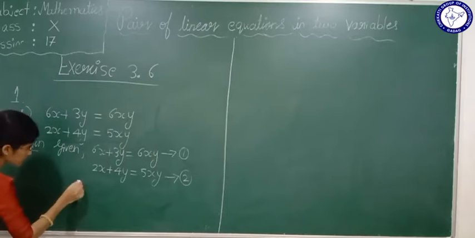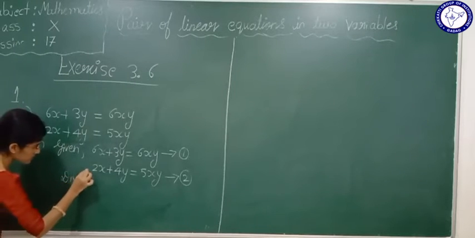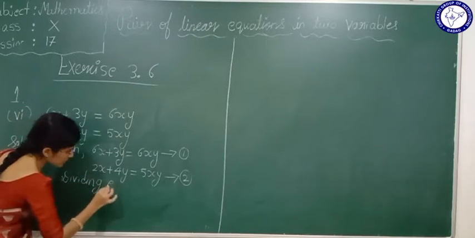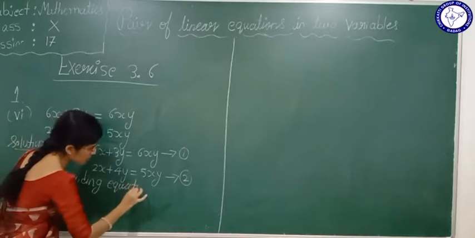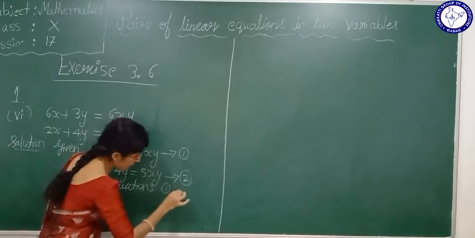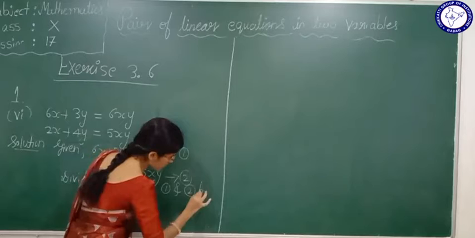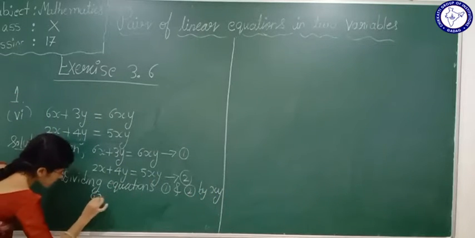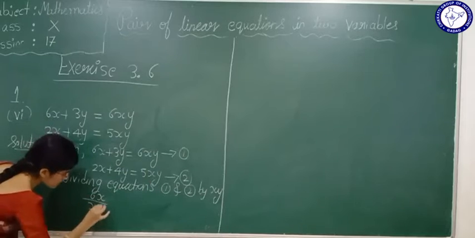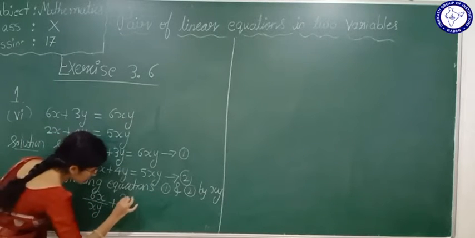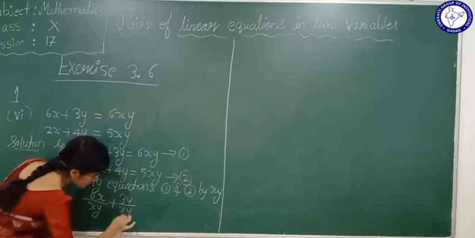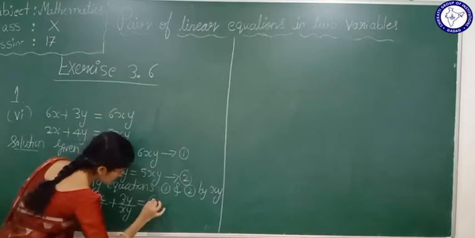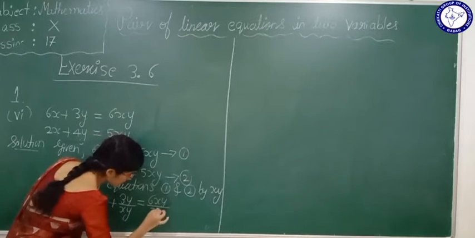What will it become? Dividing equations 1 and 2 by xy: 6x divided by xy plus 3y divided by xy is equal to 6xy divided by xy.